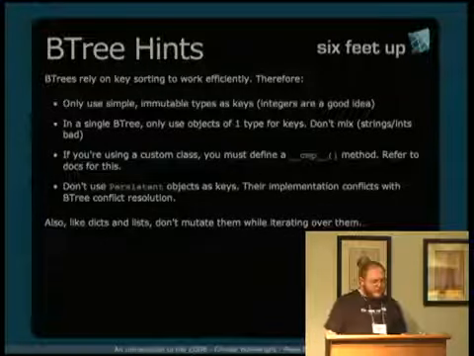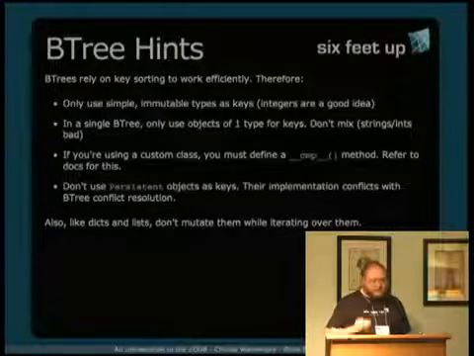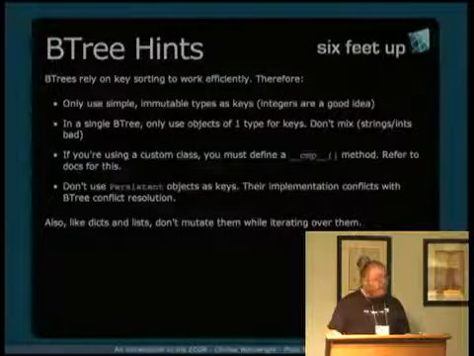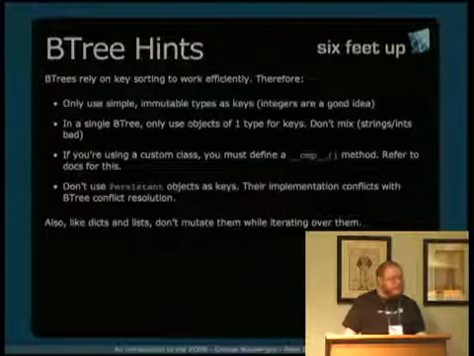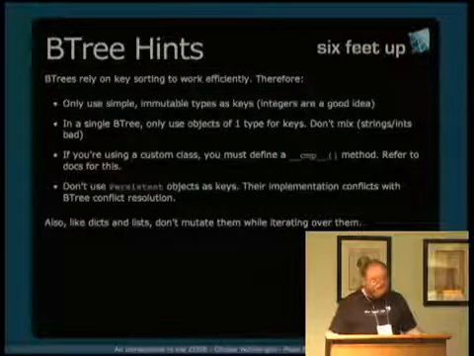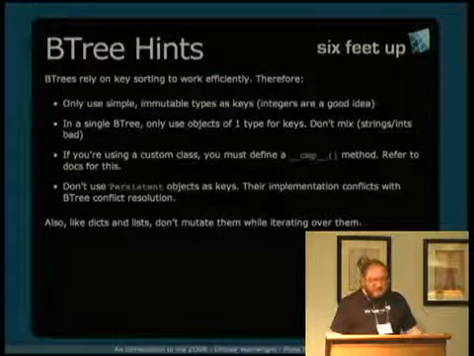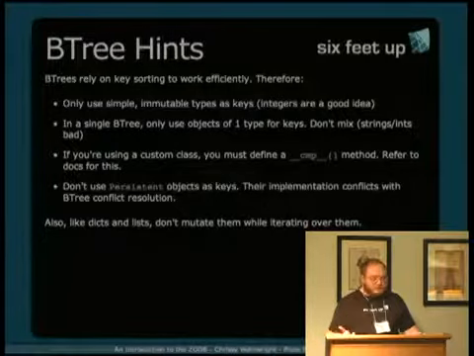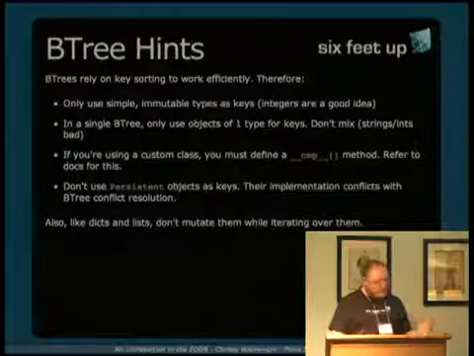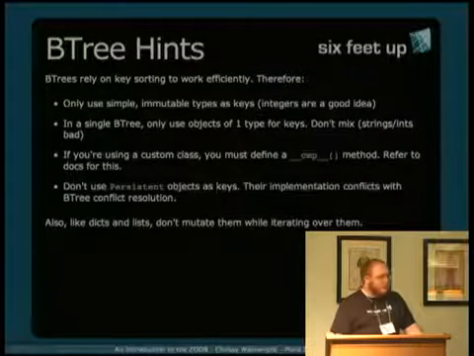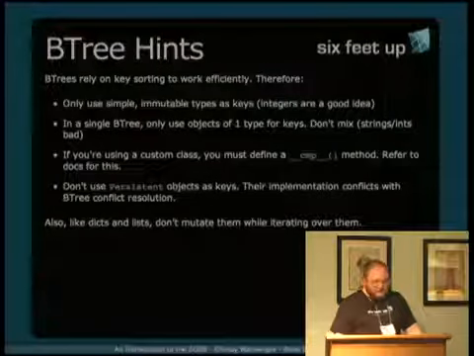And then finally, you can, but you shouldn't use persistent objects or anything that inherits from a persistent class as keys. The reason for this is actually the implementation details of the ZODB. The way that a persistent object is managed in memory versus a BTree are actually conflicting, and the lookup won't necessarily go in the right place all the time.